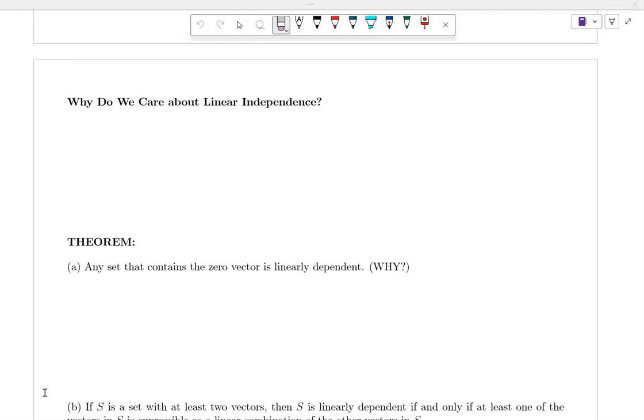Okay. Well, let's continue our discussion with linear independence that we started last time.